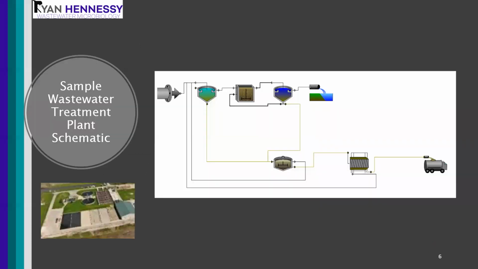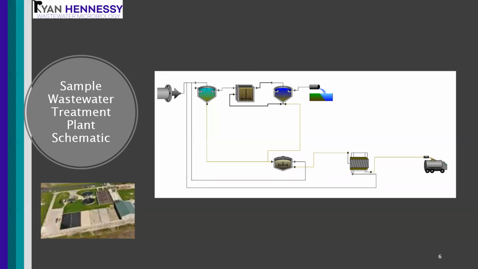So this is just a sample wastewater treatment plant schematic. Basically we have water that's coming in through the influent into a primary clarifier into the aeration basin where we're getting our BOD removal and our nitrification if that's what we're desiring and operating towards.